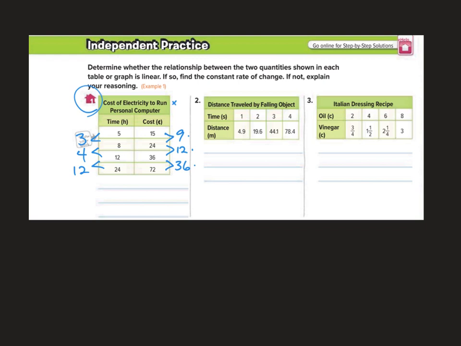So what we have to consider is what is our x variable and what is our y. So we've got time is always the constant. So that's our x variable, and cost is y. So we look at finding linear relationships by determining the change in y over the change in x.